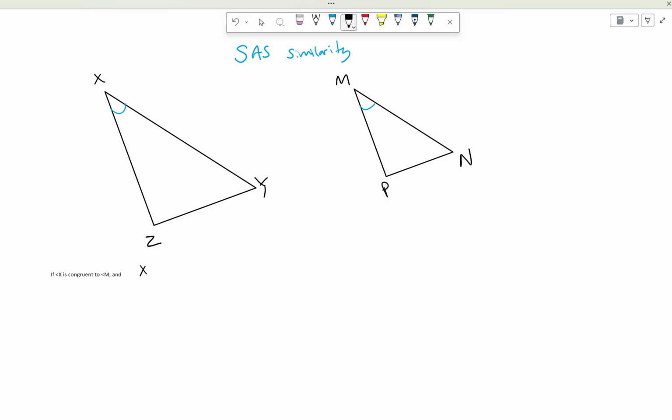So it would be XY and XZ as my two sides from one. And then it would be the left and the right with the included angle M, so MP to MN. Now these aren't congruent, but I have this side and this side, and then this side and this side, that are going to correspond. And you can see the angle that's congruent is included.